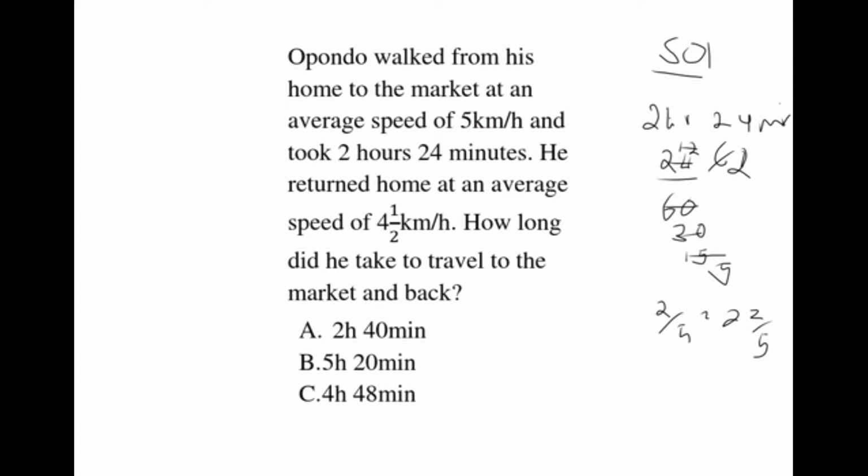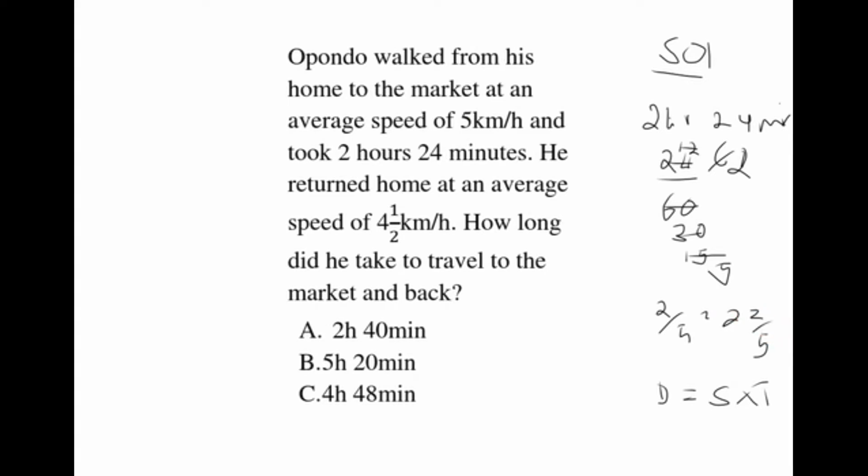Therefore, when we have the average speed and the time, we can get the distance by multiplying: distance equals speed times time. The speed is 5 kilometers per hour. The time is 2 and 2 over 5 hours.